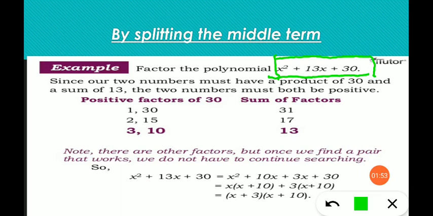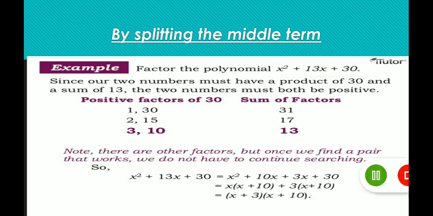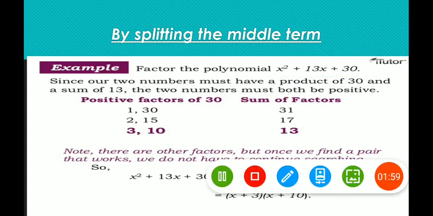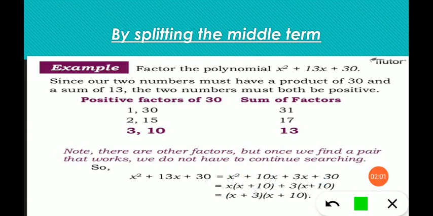So we know that we have to take the constant term. Here the constant term is 30 and we have to find all the factors of 30. So here the factors of 30 are 1 and 30, 2 and 15, 3 and 10.